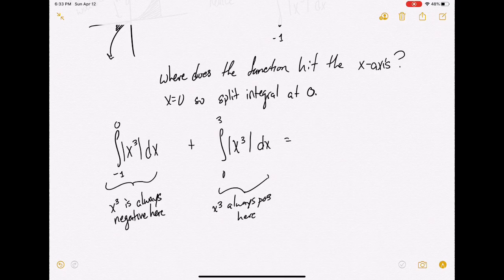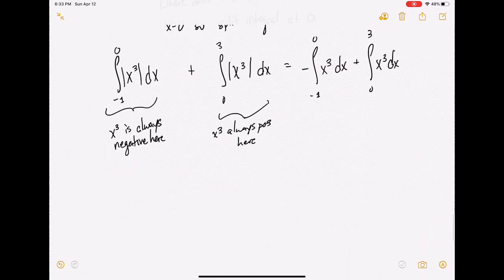And so the way that the absolute value would work is that it would make this half, two negatives make a positive. So the absolute value would add a negative sign in, and it would do nothing to the positive half.